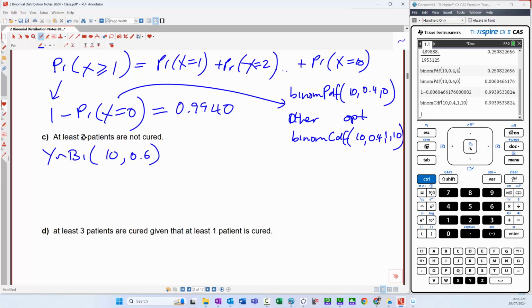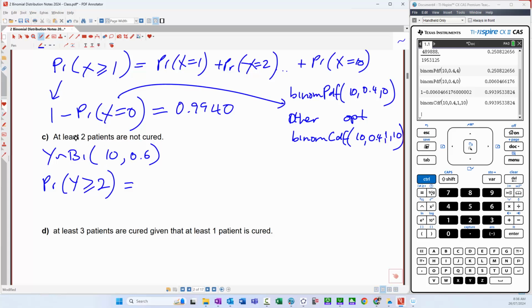And then at least 2 patients are not cured means we're looking for the probability that Y is greater than or equal to 2. So that means that we're looking for 2, 3, 4, or 1 take away 0 and 1.